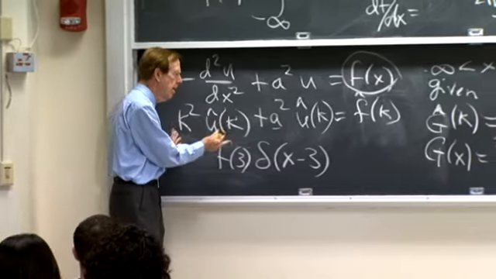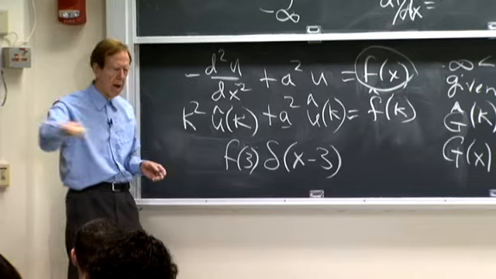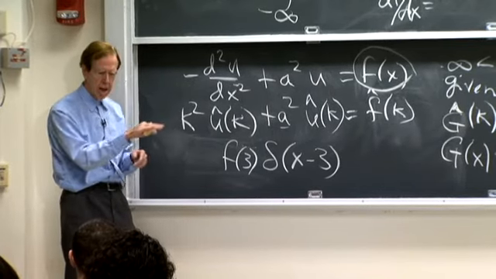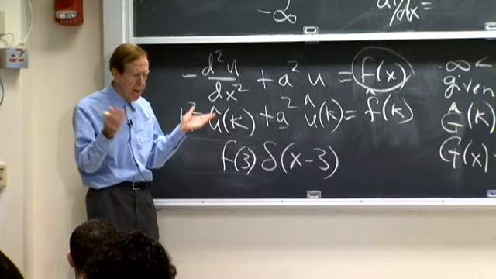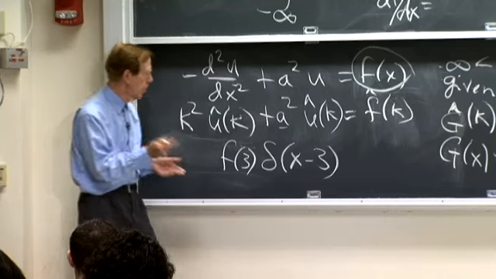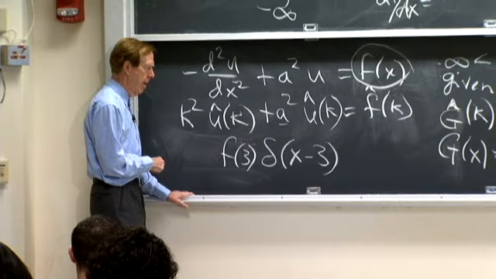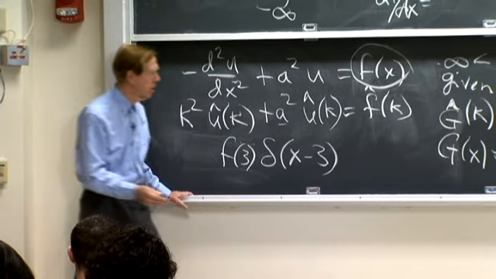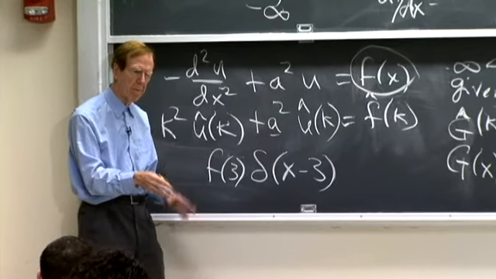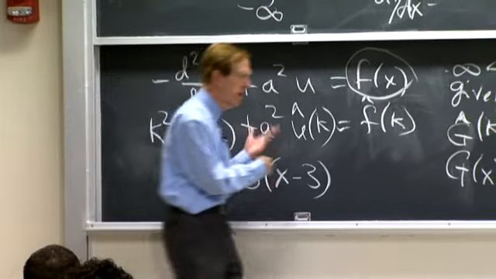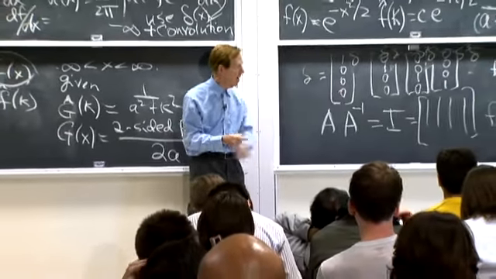Now, 3 could be any point along the line. I can't use x for other points on the line because I've got an x in the formula. Let me use t. So this was t equal to 3. Now I want to do it at all points. I want to take f at 2 and f at pi and f at everything and put them together. And of course, putting them together in the continuous case means not sum, as I did there, but integrate.